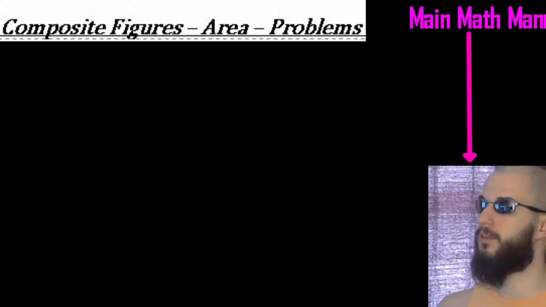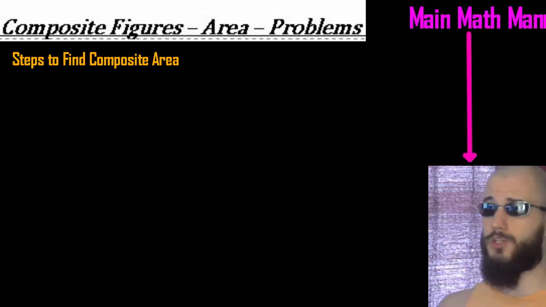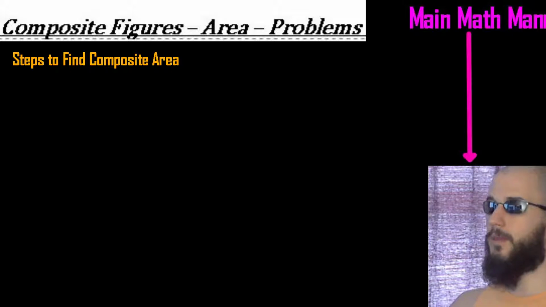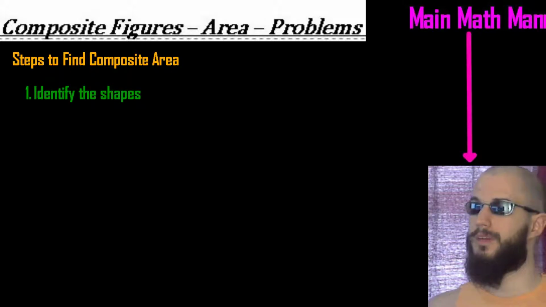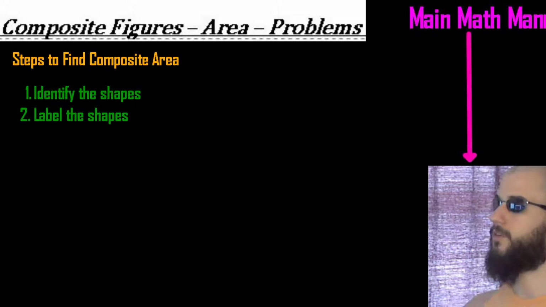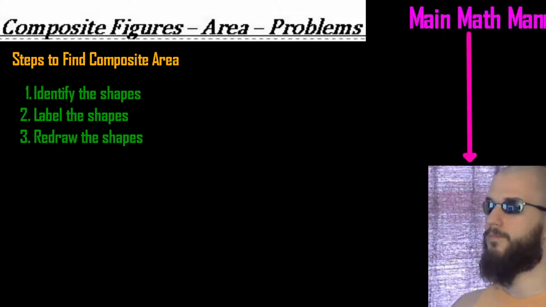So in these problems, again, they're going to look something like this. Make sure you're remembering the steps to find and solve composite area. Number 1 is identifying those shapes. Number 2, label those shapes. Number 3, redraw the shapes.